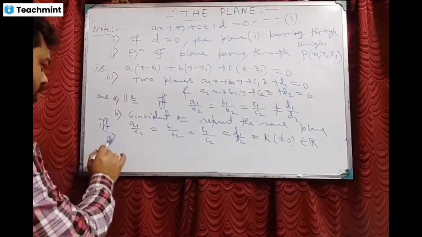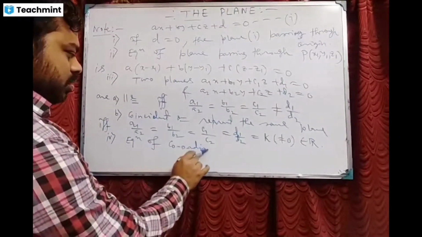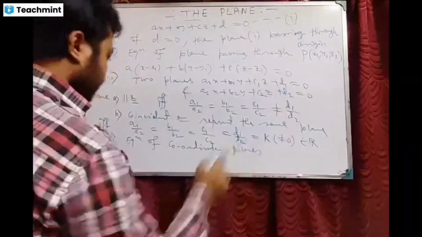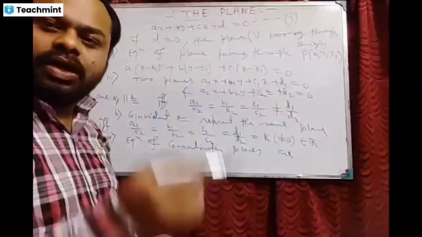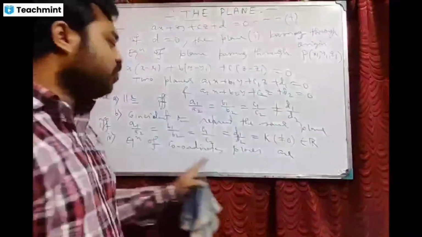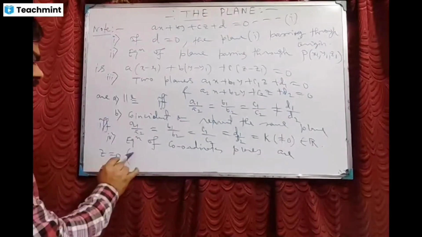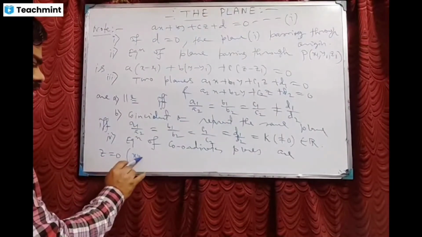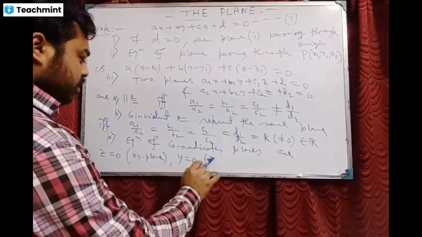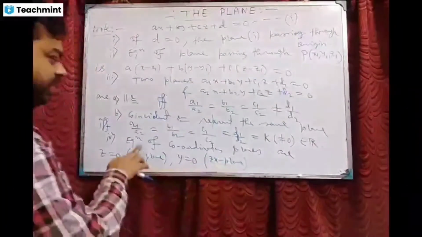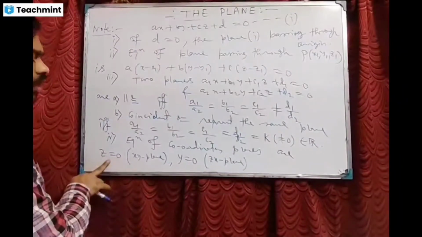Number 4, equation of coordinate planes. Coordinate planes means xy plane, yz plane, zx plane. The equation of the xy plane is z equals to 0.